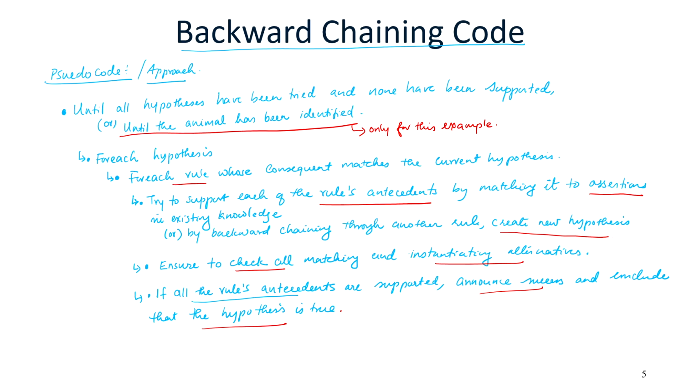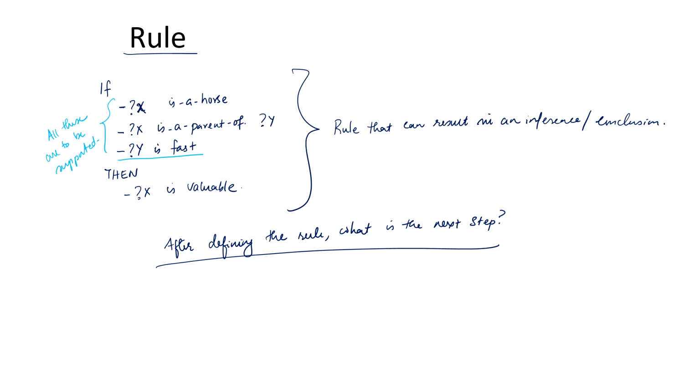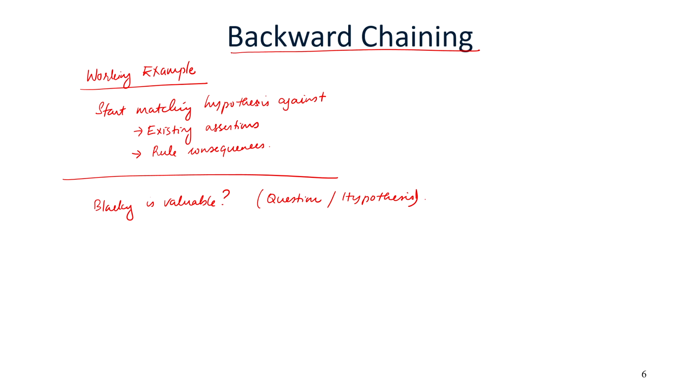If you look into the rule from earlier, we said that if X is a horse, X is a parent of Y, and Y is fast, then X is valuable. So we write it down here again: if variable X is a horse, X is a parent of Y, Y is fast, then X is valuable.